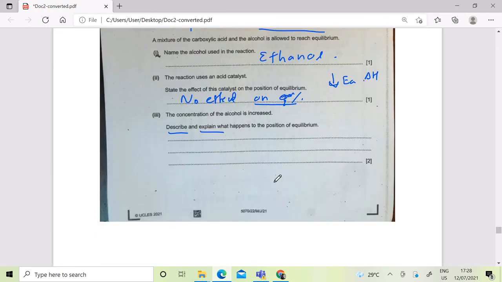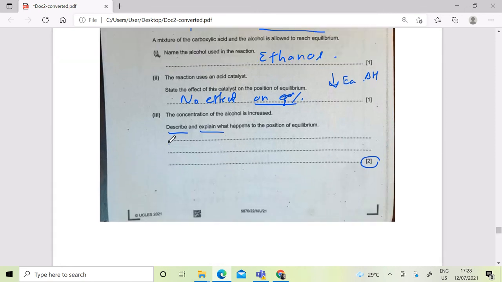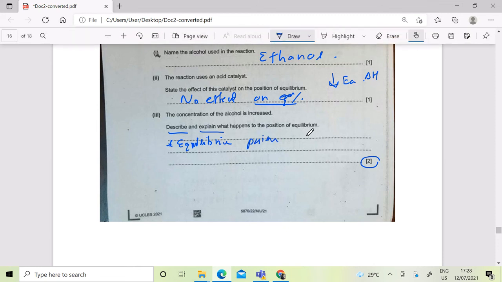So how to organize the answer? Describe and explain. When you increase the alcohol concentration, the equilibrium position shifts to the right hand side.